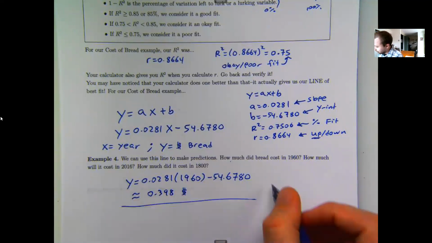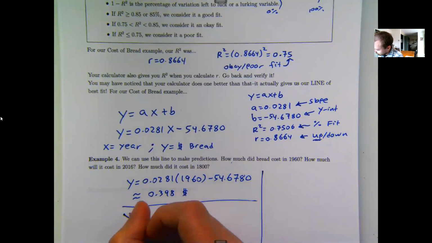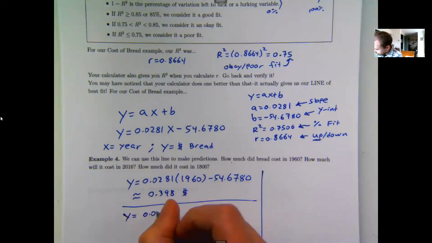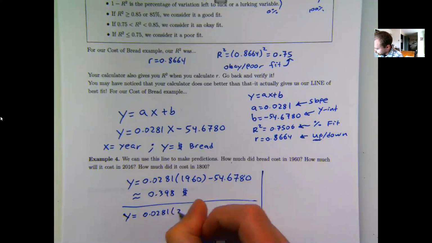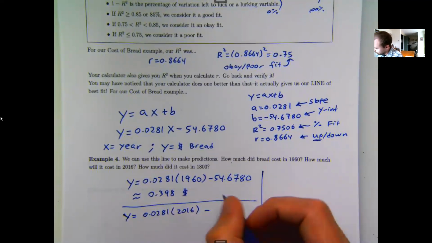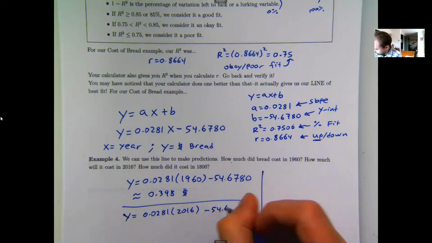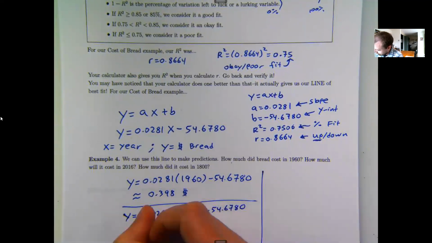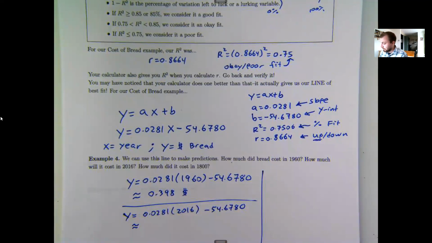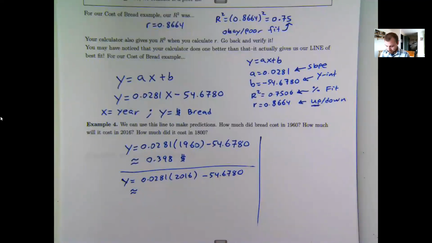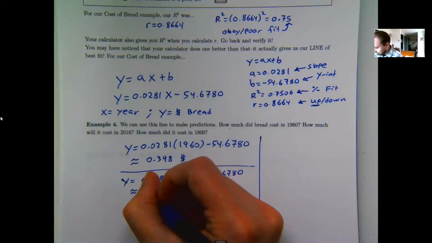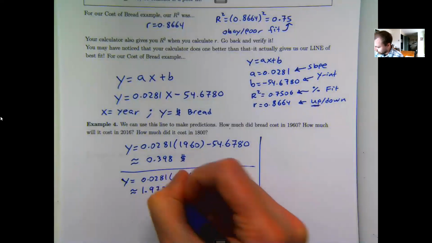Let's see what's going on for the year 2016. Same idea. I'm going to plug 2016 in for the year. In 1960, I thought bread should cost about 40 cents. In 2016, I think bread should cost about $1.97 or so.